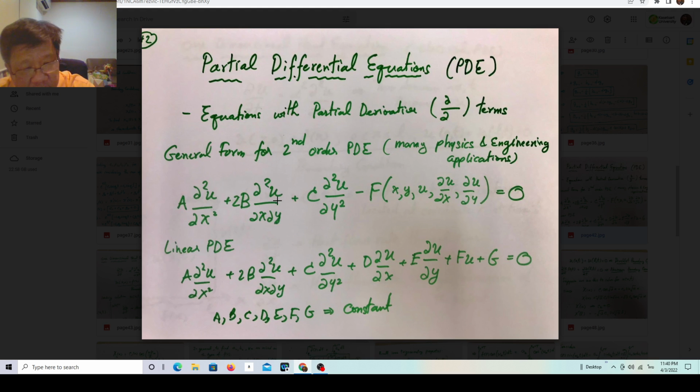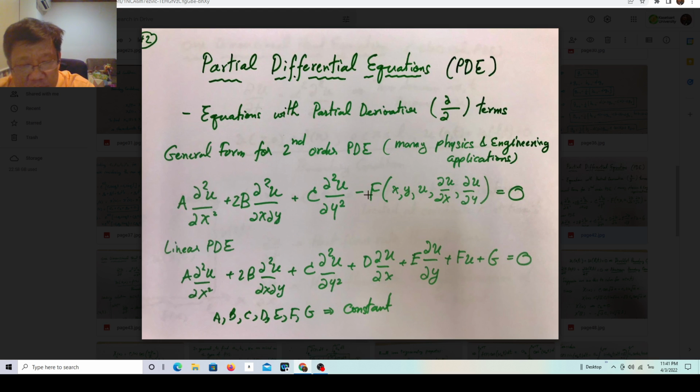The third term is plus c, another constant, times the second order partial derivative with respect to y.